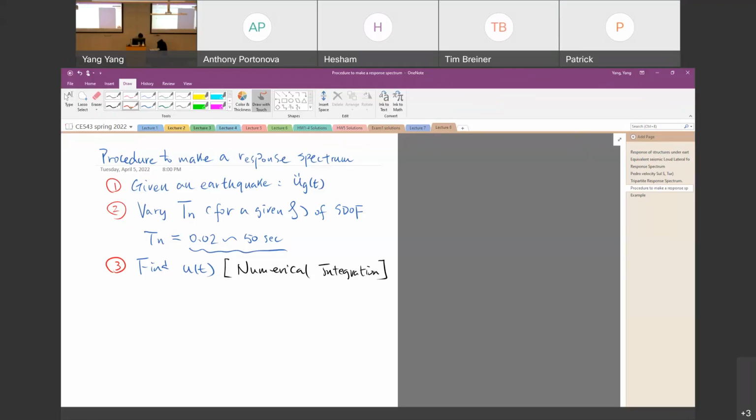And step 4, to find the maximum displacement of u(t), and that is the spectral value.